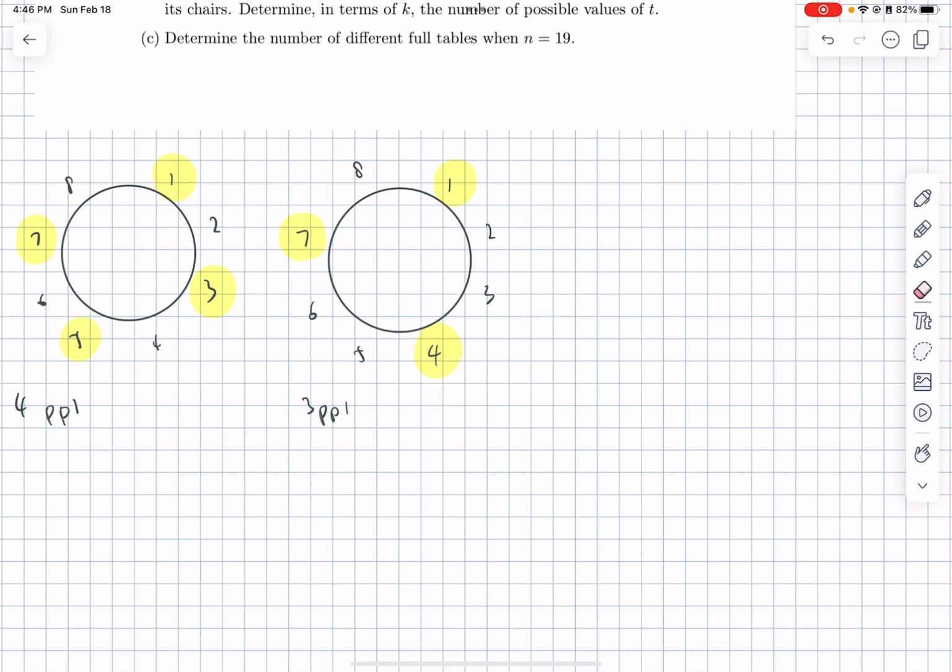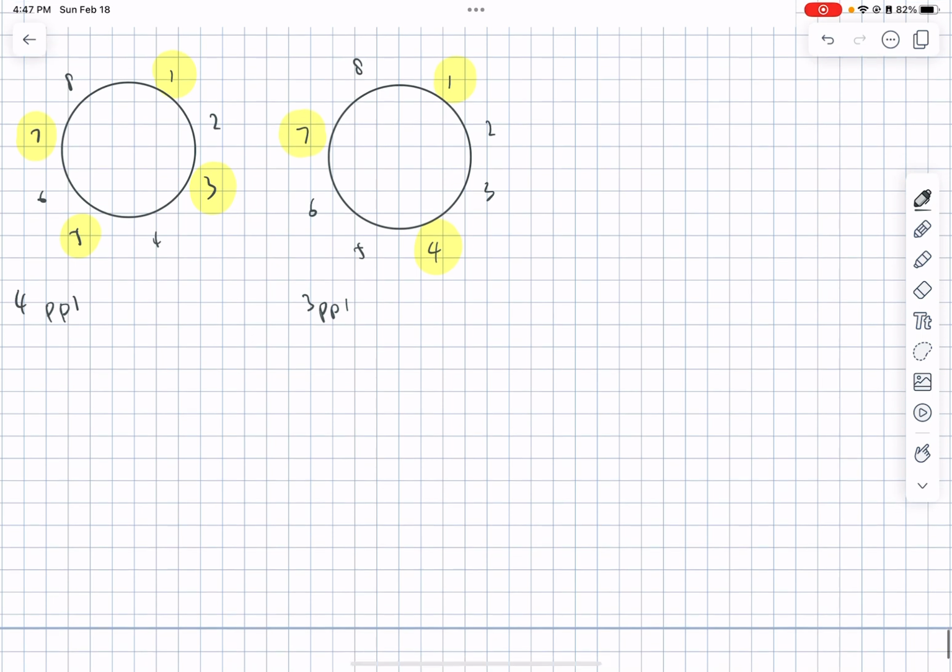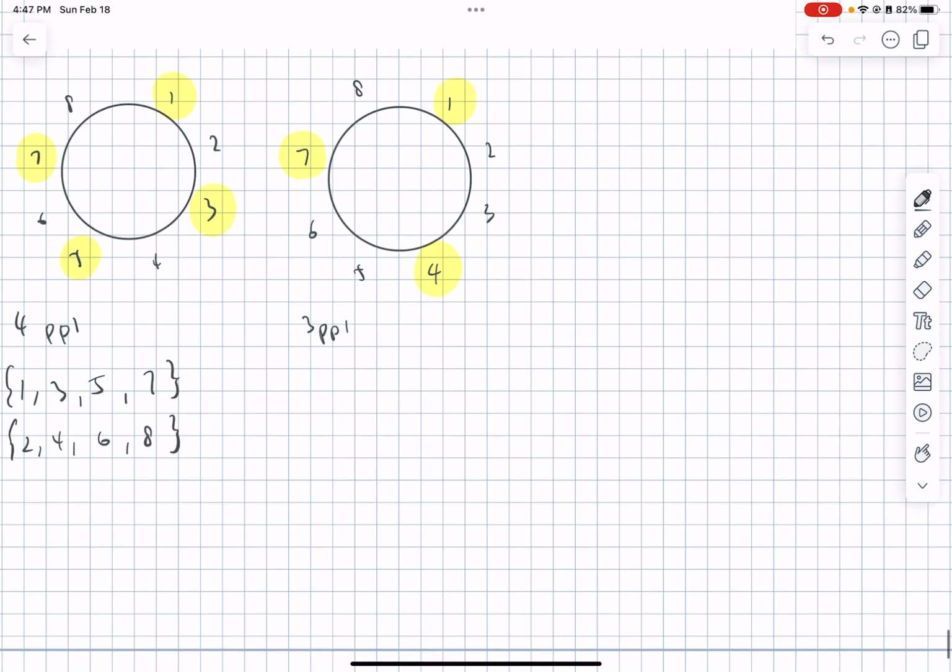So we got the minimum and the maximum number of people that can sit here. In the case of 4 people, there's only really 2 possibilities: 1, 3, 5, 7, the odd numbers, or 2, 4, 6, 8, the even numbers. So these are the possible configurations for 4 people.